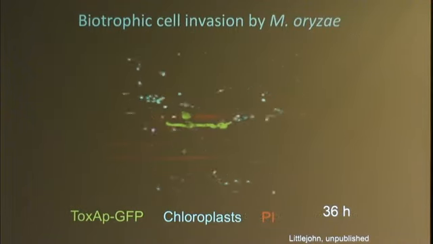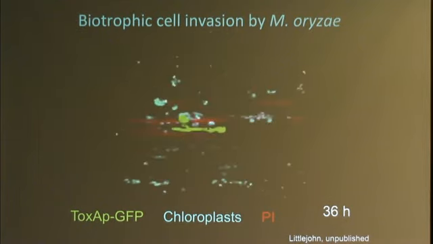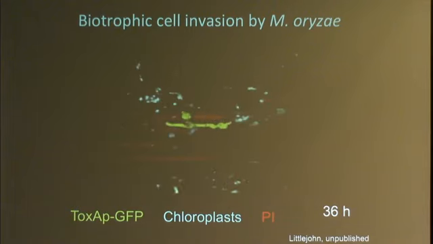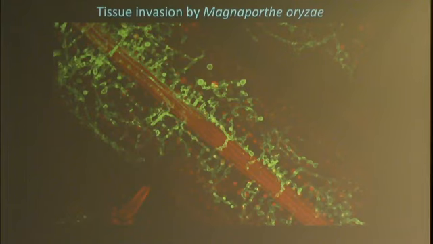This is a time-lapse movie showing the proliferation of the fungus within the plant. These moving ones are chloroplasts. You can see these cells look quite happy. They are not dead. Somehow the fungus keeps these cells alive, and then it gets everything for its proliferation. Within a few days, it completely colonizes rice leaves, and these green parts are all fungal hyphae.